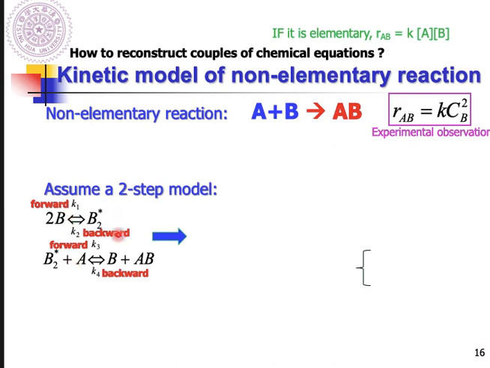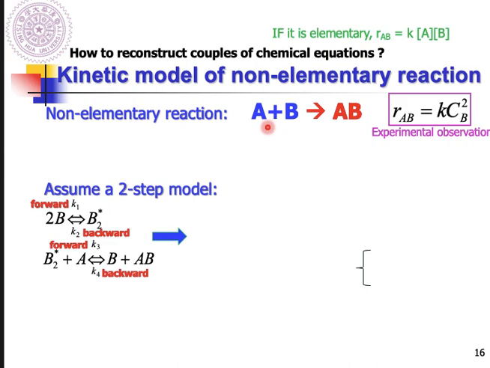How to make these assumptions is usually a bit of a question for students. So usually I will start from here. We find that the generation rate of product AB is proportional to CB squared. It implies that the concentration of reactant B plays an important role in this reaction.